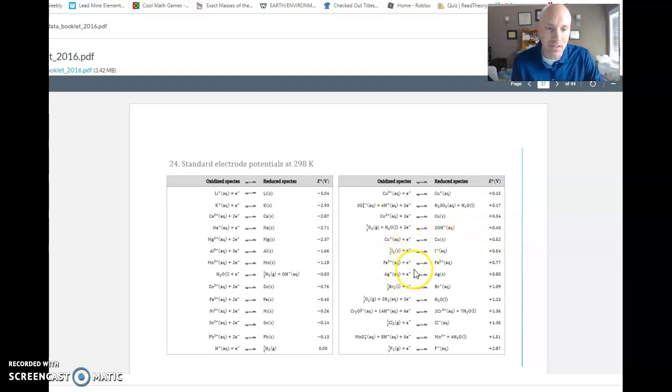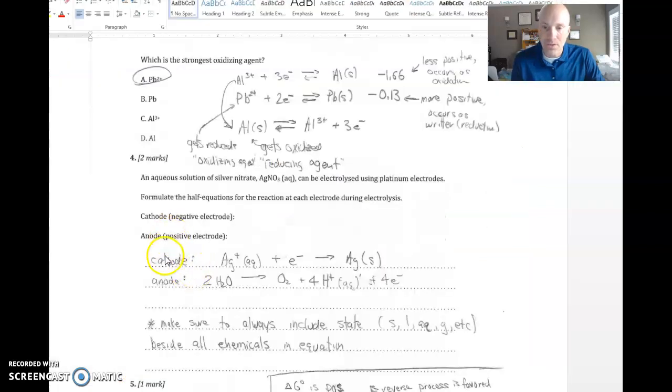If we keep going down, we see silver is right here. So silver would tend to be the type of ion that would like to get reduced in preference over water. That's why we could say at the cathode, this reaction right here would occur instead of the reduction of water.